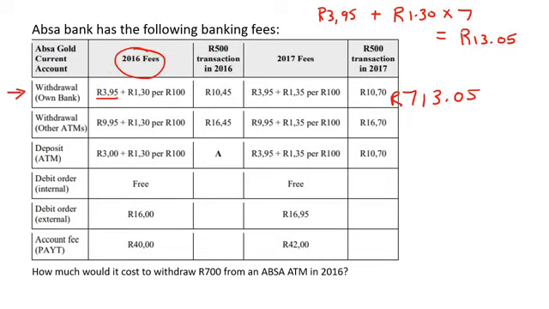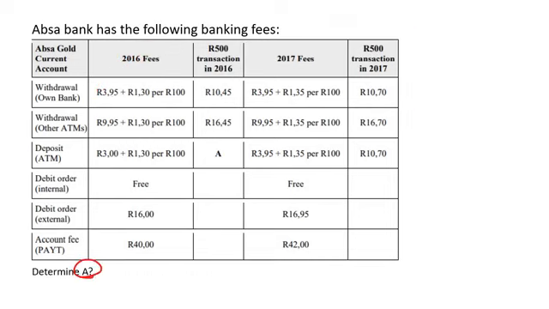Okay, so let's look at another one. It says determine the value of A. So what is A? Oh, I see. So it's a deposit. We're doing a deposit, and the fees for a deposit go like this. And if you look in this column, it's 500 Rand. So we are going to deposit 500 Rand. Okay?